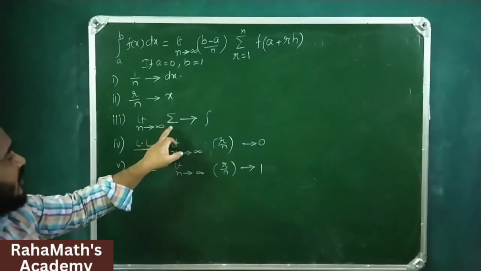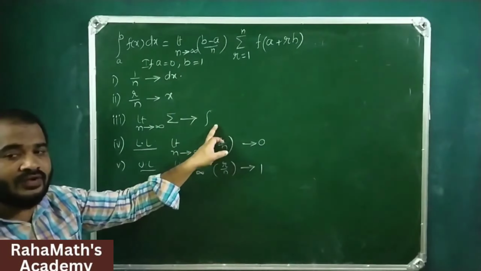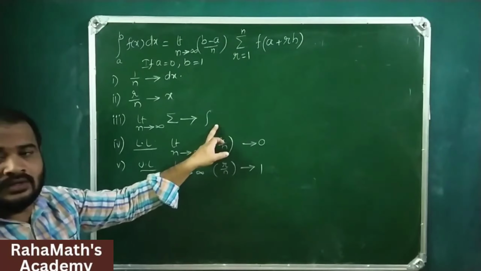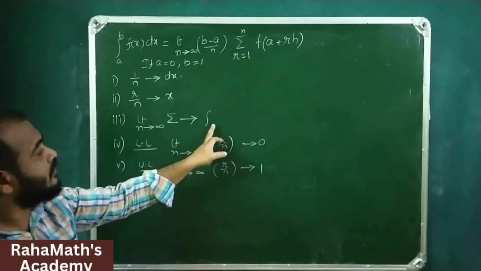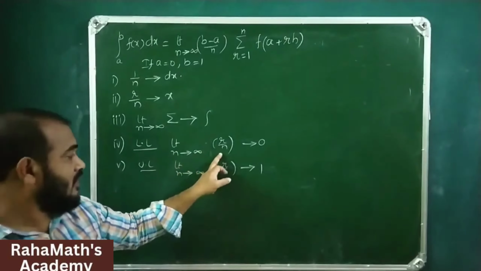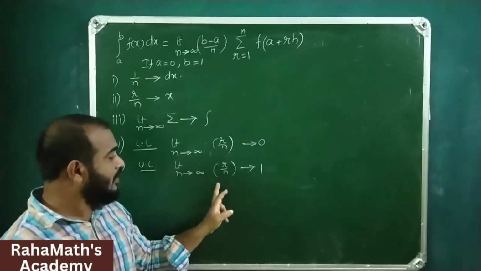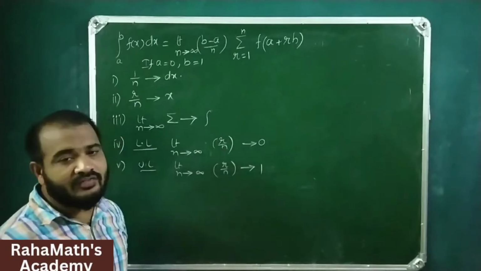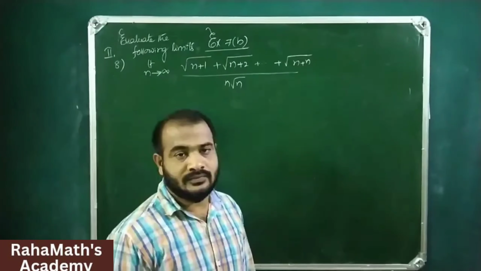Limit n tends to infinity, sigma is converted into the integral. The lower limit is limit n tends to infinity r by n, and the upper limit is limit n tends to infinity r by n. So this is how it will convert.